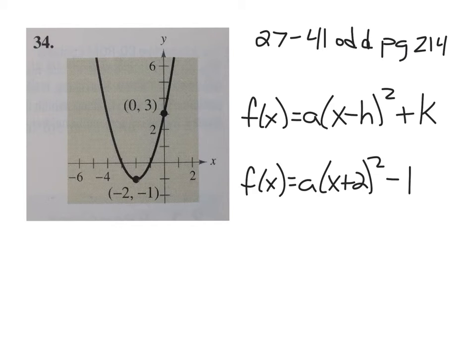So what do you think? All right, we got to use this thing. And I'll do it in green to make it really pop, Dylan. Look at that. We got to use that point. We got to figure out what a is.